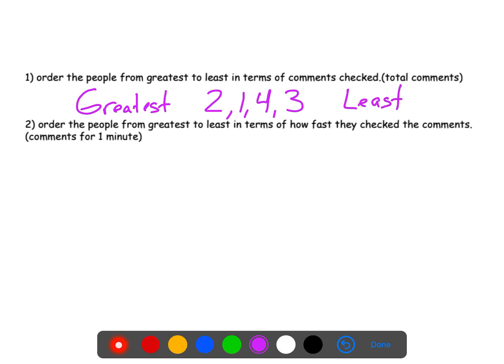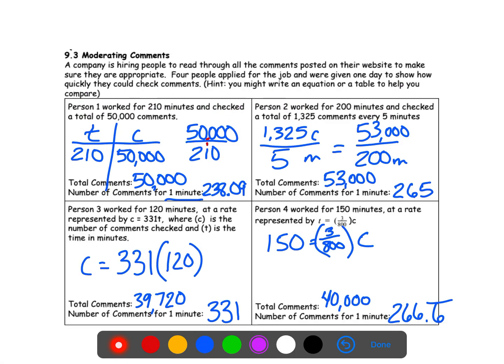Secondly, though, it wants us to order the people from greatest to least in terms of how fast they check the comments. That's their speed, and that comes from the unit rate that we found for each one. How many comments did they check per minute? So if we go back to our information, we're looking now at the second calculation that we found, and you can see that person 3 checked the most comments each minute, while person 1 checked the least.